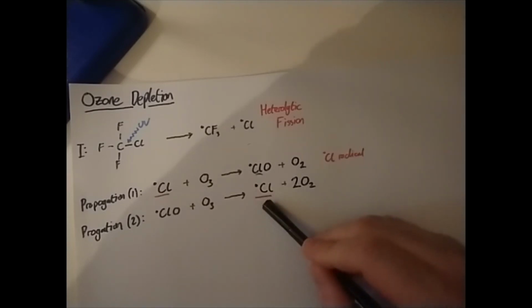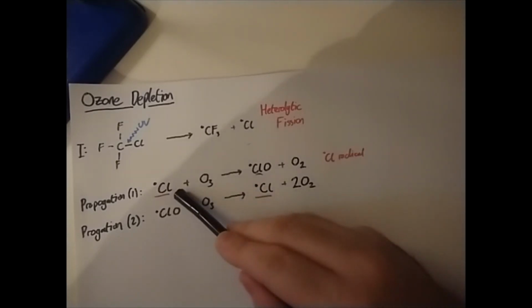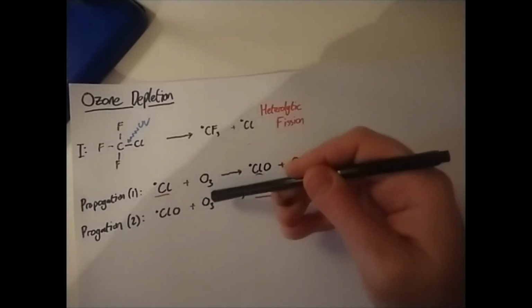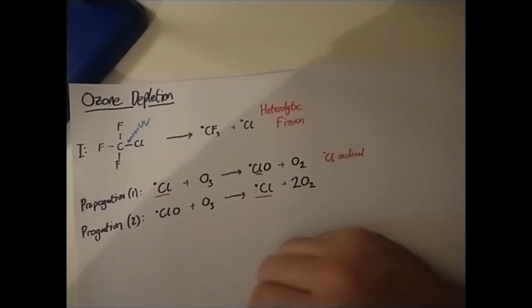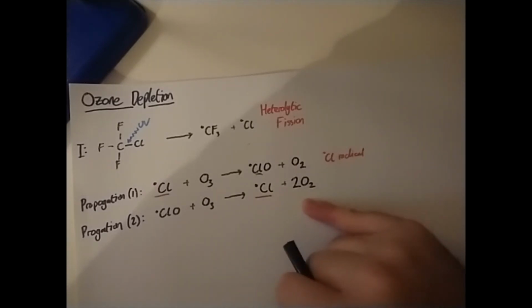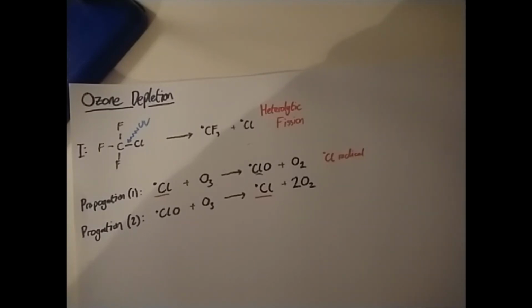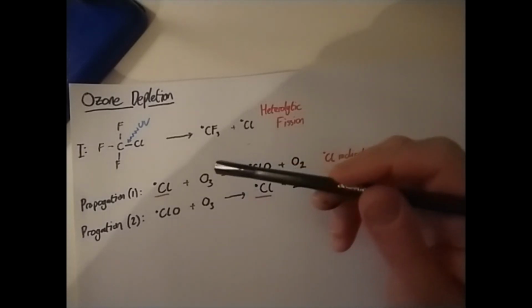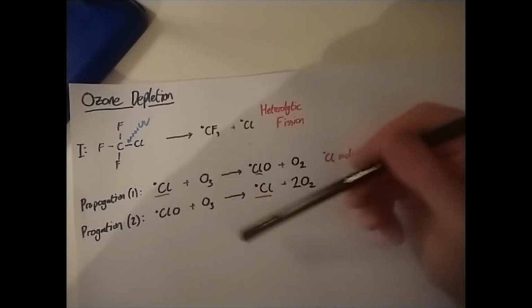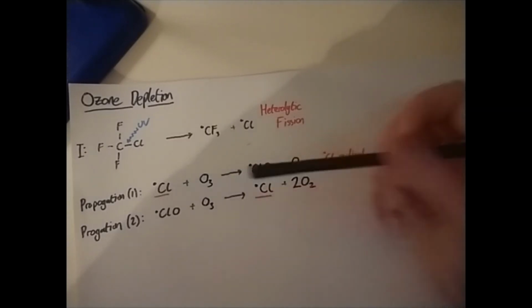And because that Cl keeps on getting reproduced, so it can be used again in the first step, one Cl radical can keep breaking down endless ozone molecules into oxygen, which we don't want, because ozone is what protects the Earth's surface from UV rays. So the only way we can really stop this reaction happening is to get rid of the Cl radical.